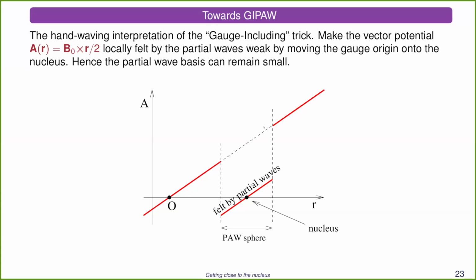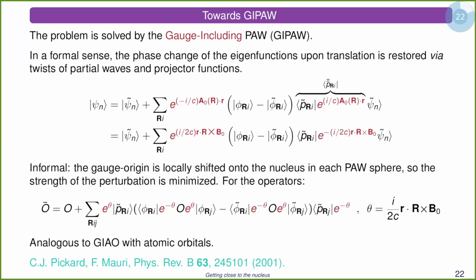If you would have a very big potential, you need more and more quasi-excited states in your PAW construction, in your pseudopotential construction, if you want to say, and your partial wave basis will explode. And that is not what you want. That is numerically why you do this PAW trick, this gauge including trick.